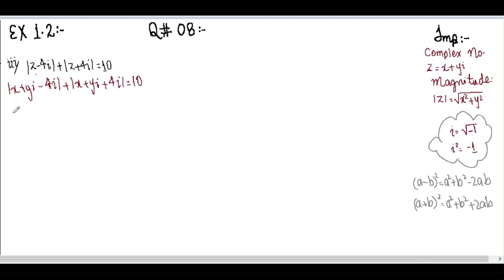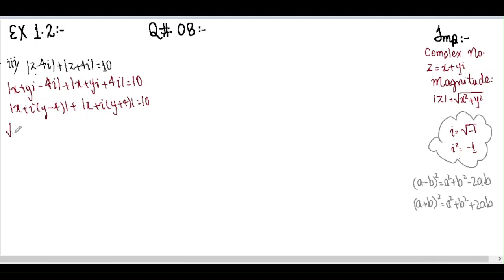Now we are going to separate the real and imaginary parts. We get x plus iota into (y minus 4) plus x plus iota into (y plus 4) equals 10. Now we are going to find its magnitude. Its magnitude equals the square root of real part square plus imaginary part square.